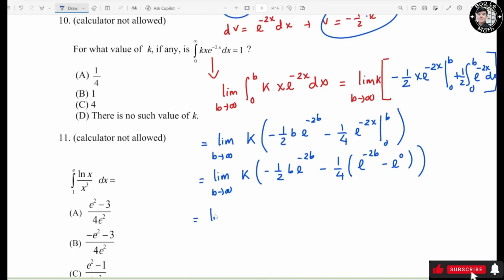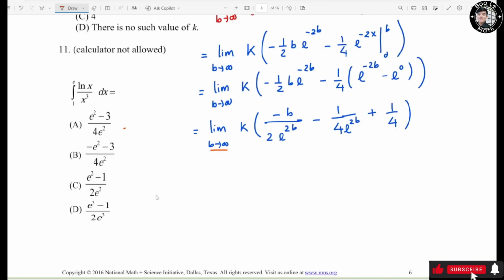So it's going to be the limit as b approaches infinity of k times negative b over 2 times e to the 2b, minus 1 over 4 e to the 2b, plus 1 over 4.